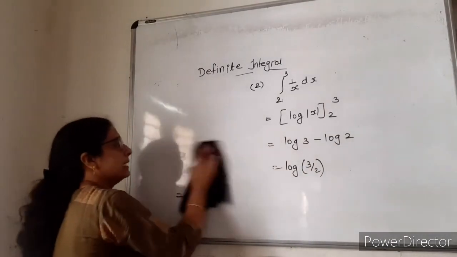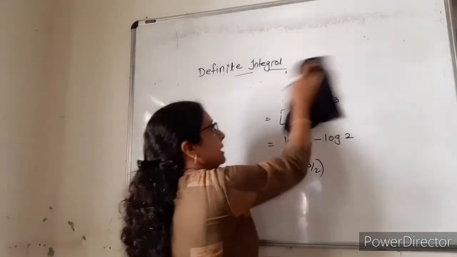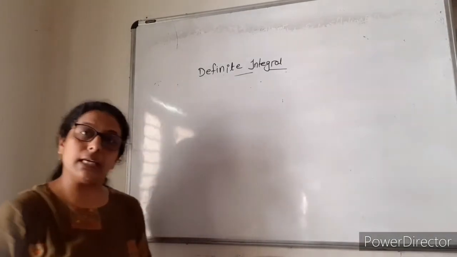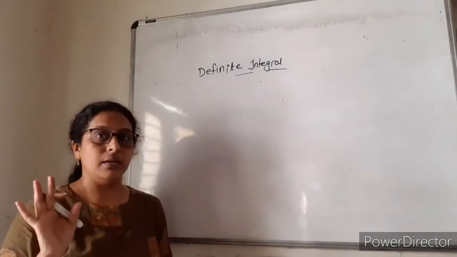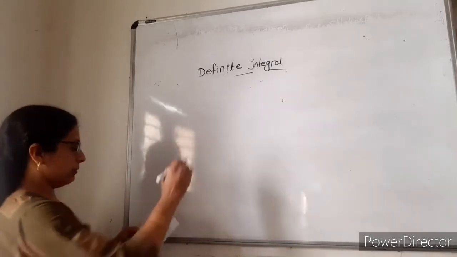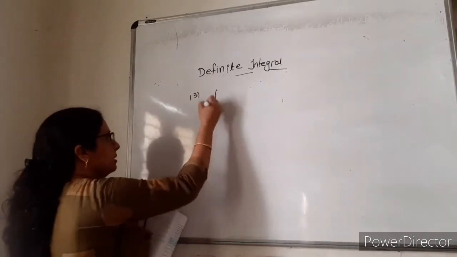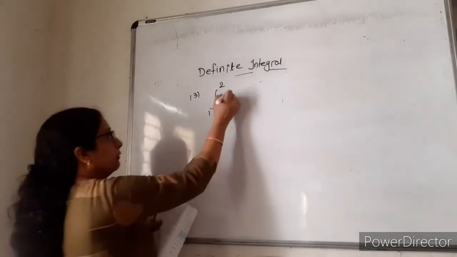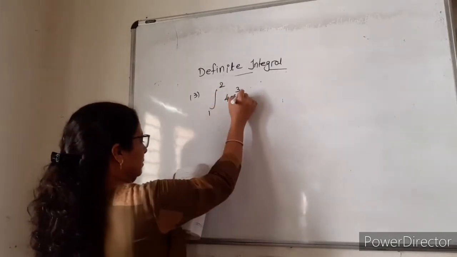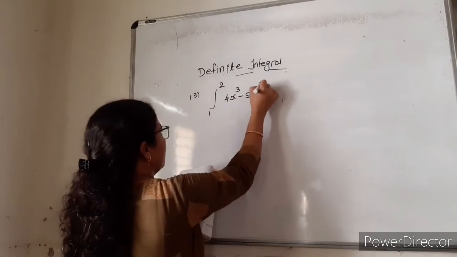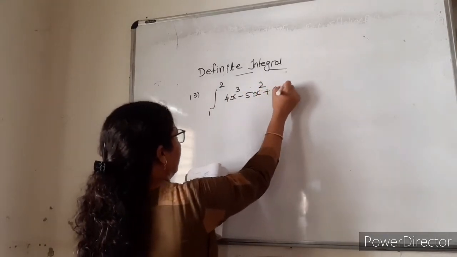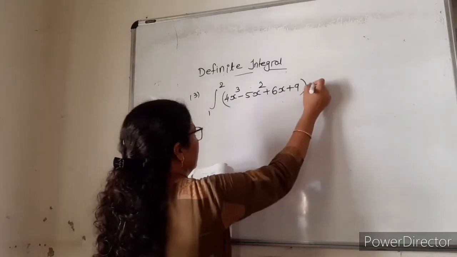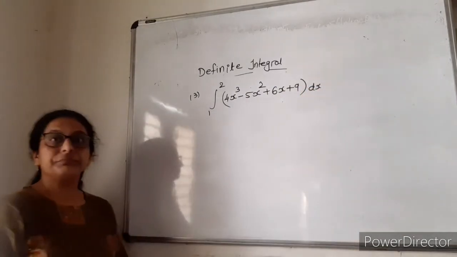This is very easy, keep in mind. Just as we do in indefinite integral, the same way you have to find the integration and apply the limit. That's it. Question number 3 is integration from 1 to 2 of 4x cube minus 5x square plus 6x plus 9 dx.